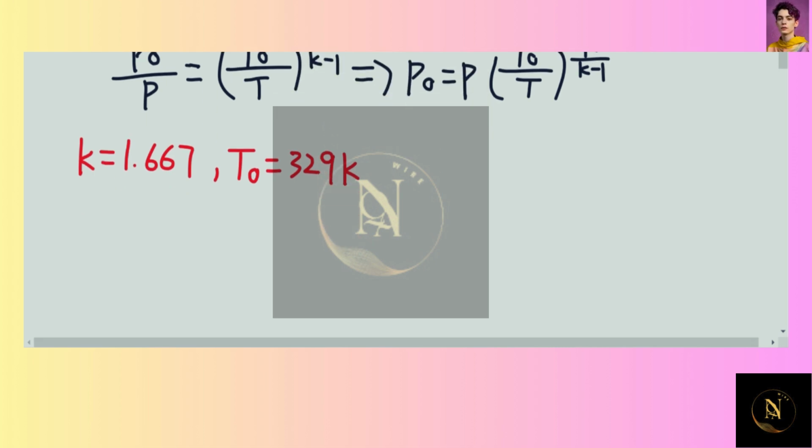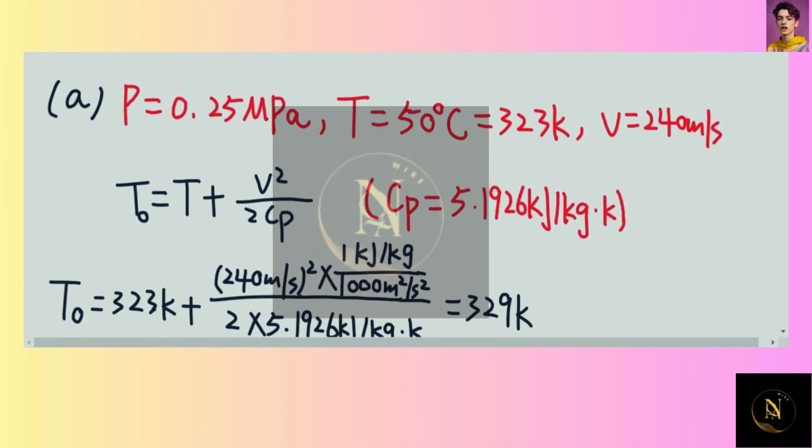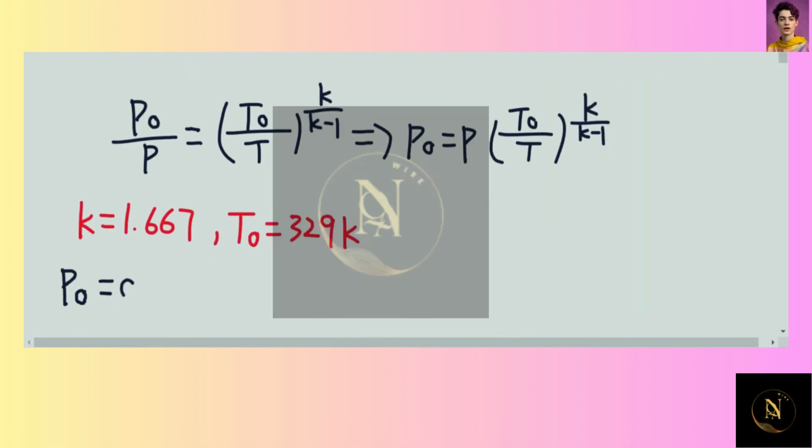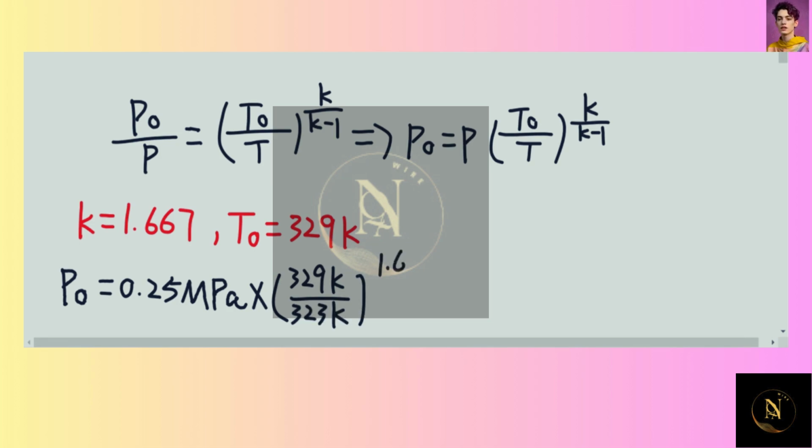So now let's plug back into the equation to determine the stagnation pressure, which is equal to the pressure, 0.25 megapascal, multiplied by 329 Kelvin divided by 323 Kelvin, to the power of 1.667 over 1.667 minus 1.